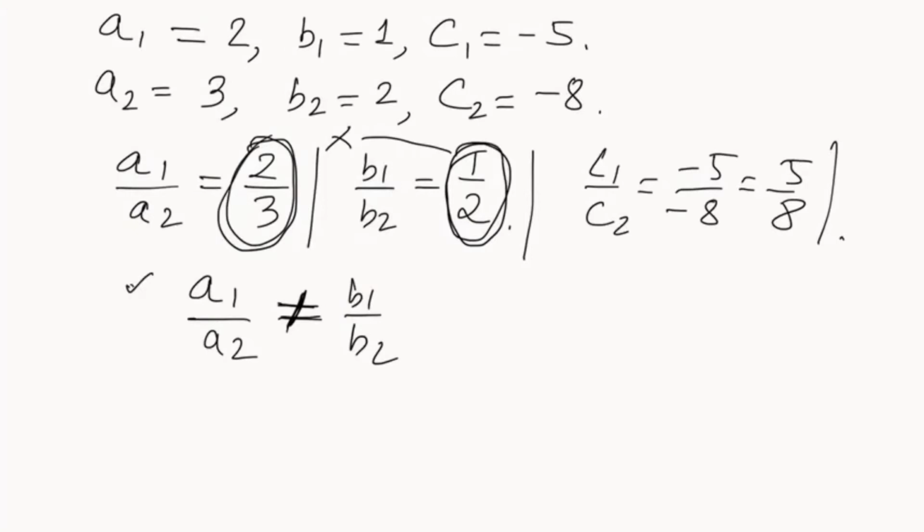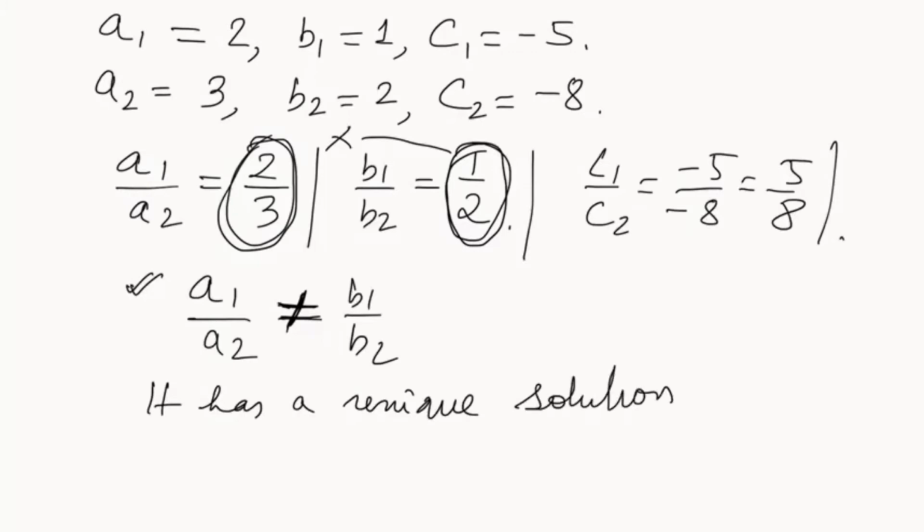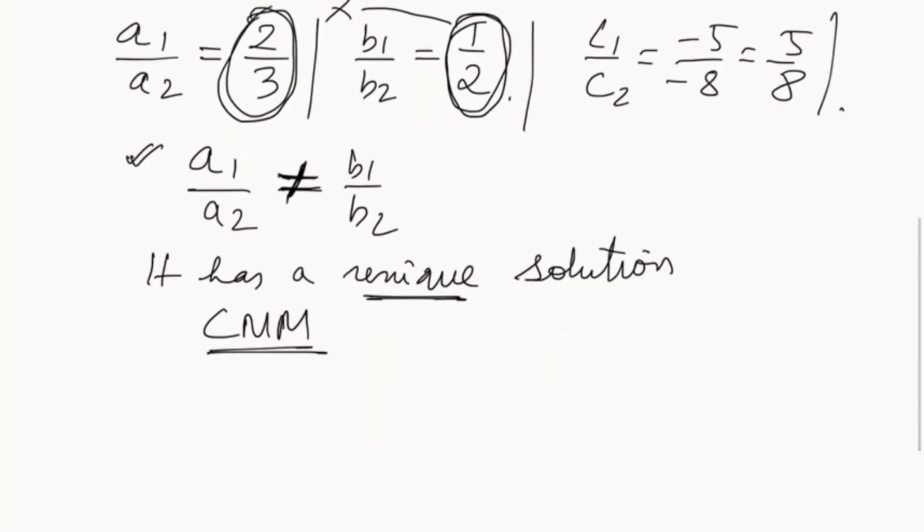We've discussed that when a1 by a2 is not equal to b1 by b2, then it has a unique solution. So we have to find the solution through the cross multiplication method.